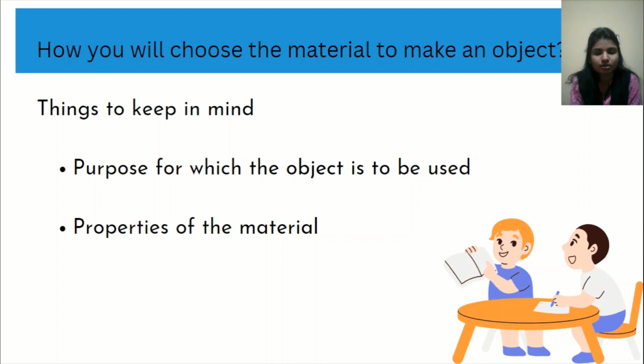for our object? The first one is, what is the purpose for which we are going to use the object. So while choosing the material, we need to keep in mind the purpose for which the object is to be used. The second thing that we need to keep in mind is, what is the property of the material that we are going to use.